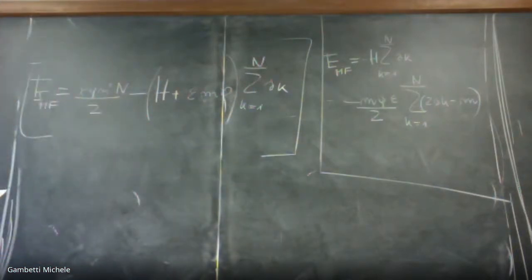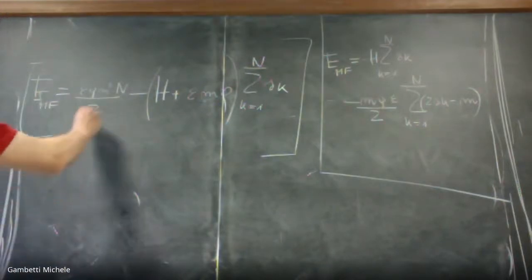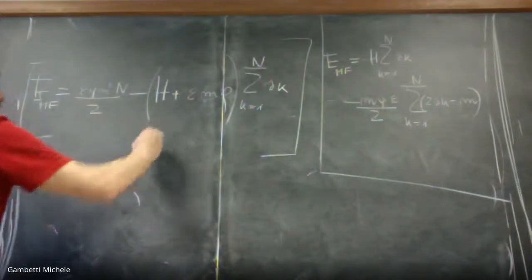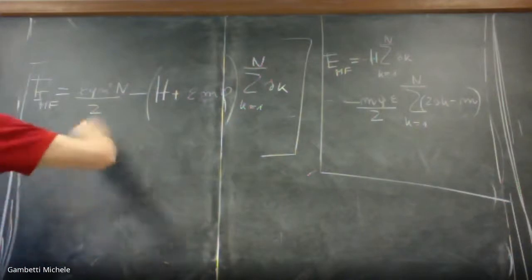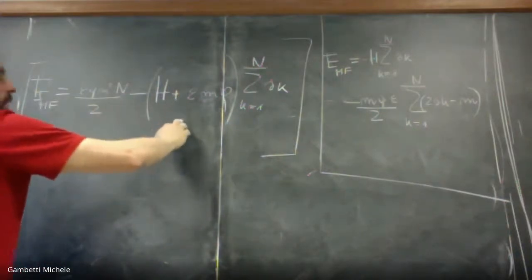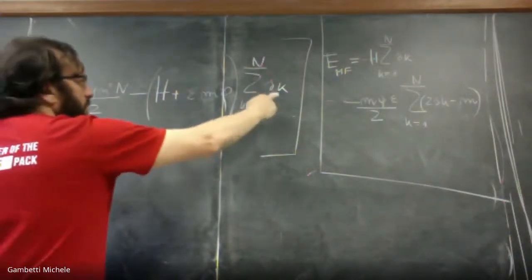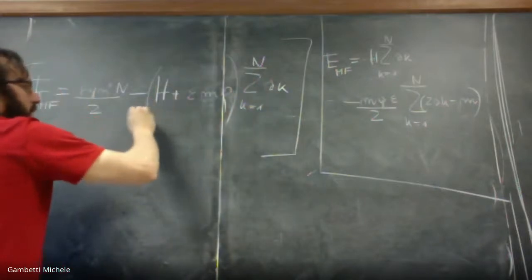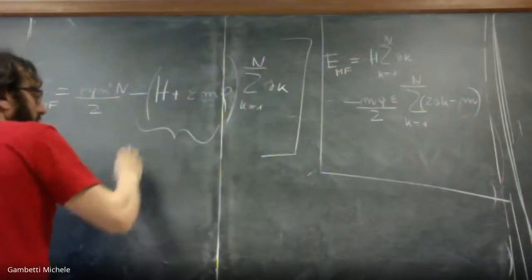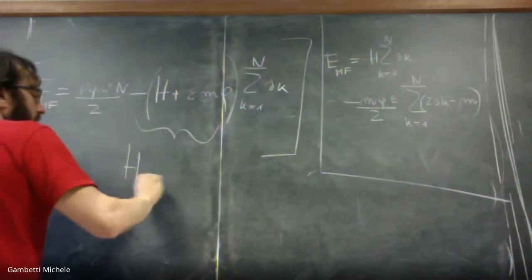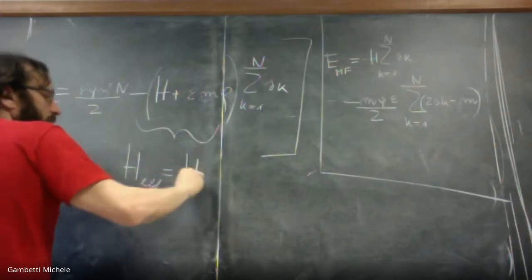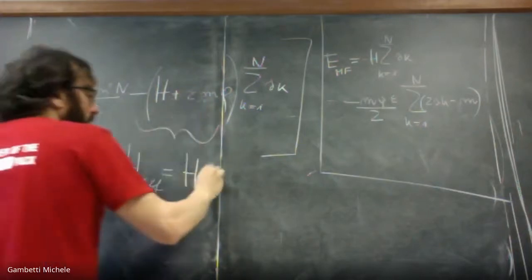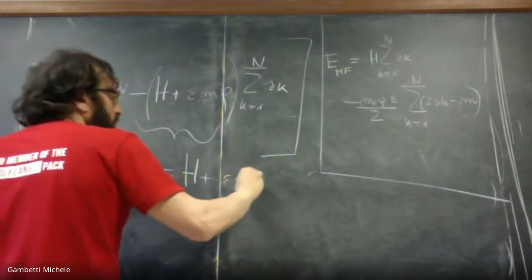Apart from this term, it's like having a coupling between the spins and an external magnetic field, which is an effective magnetic field: the real magnetic field plus epsilon q m.